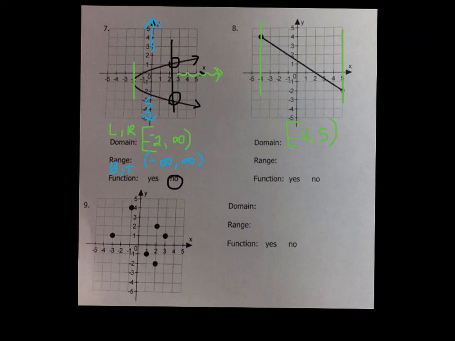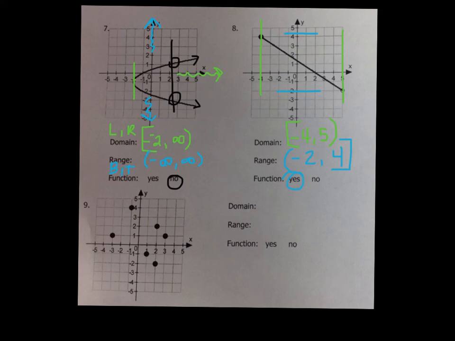Range, bottom to top. Bottom is -2, top is 4. There's an open circle on the -2, and I have a closed circle up at the 4. This will pass the vertical line test, so yes, it is a function.